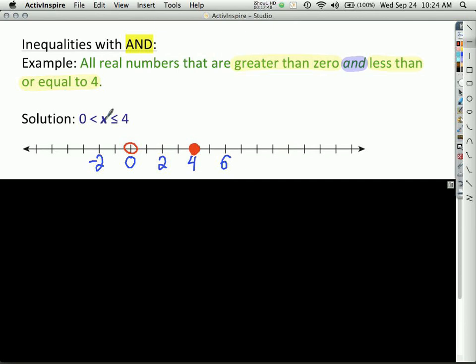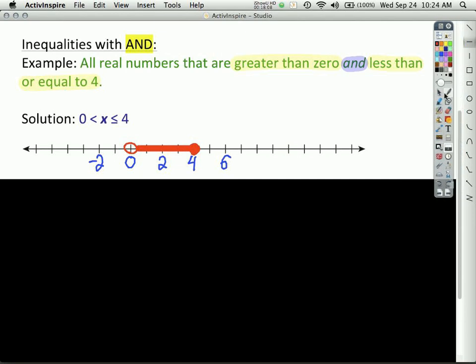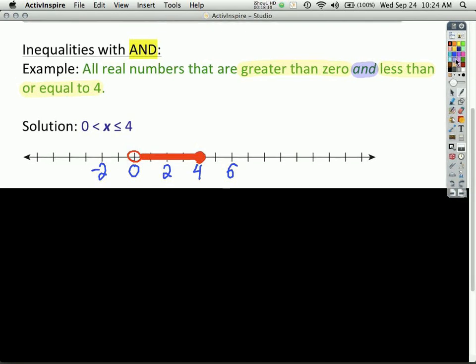Look at where the X is. It's, what could we say? It's what? In between, right? The X is in between the 0 and the 4, so we shade in between the 0 and the 4. So an AND inequality gets shaded in between.